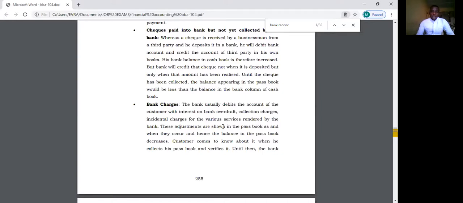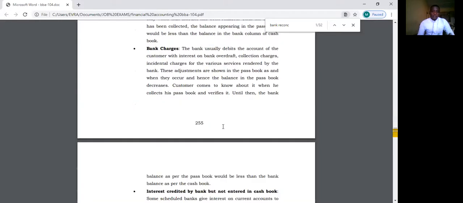This adjustment is shown in the passbook when they occur, and hence the balance in the passbook decreases. The customer comes to know about it when they collect the passbook and verify it. Until then, the balance as per passbook will be less than the balance as per cash book.